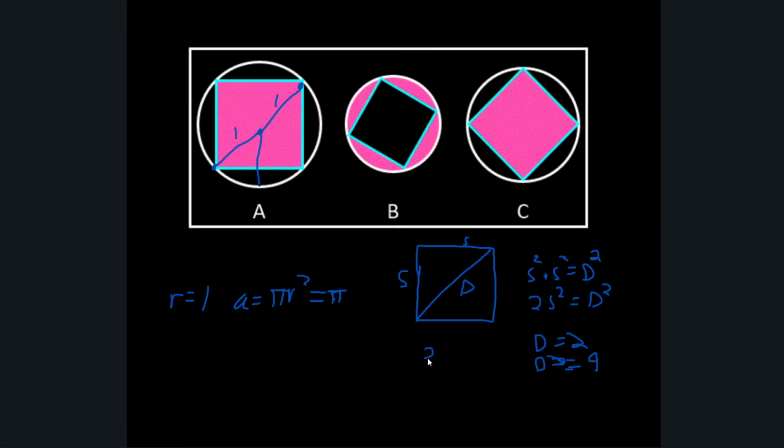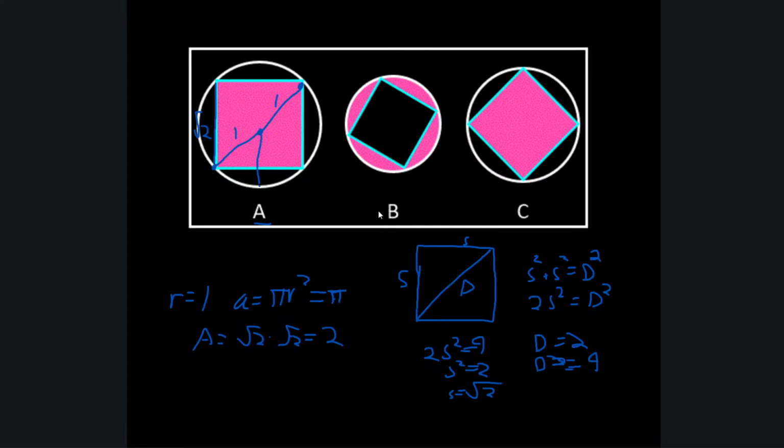And so 2s squared is equal to 4. s squared is equal to 2, or s is equal to the square root of 2. So we know this side length is the square root of 2. And now that we know that, for A, the area of the square is going to be the side times the side, or s squared. So it's going to be square root of 2 times square root of 2, or just 2. And that's the area for this A.